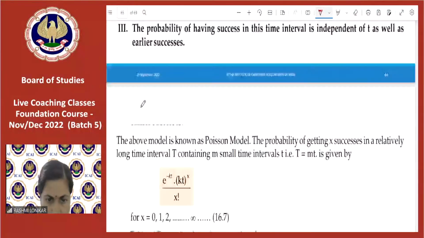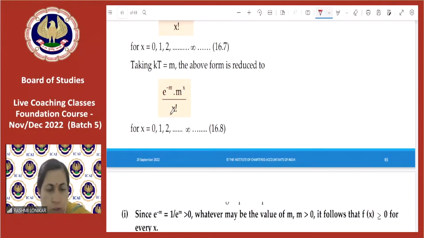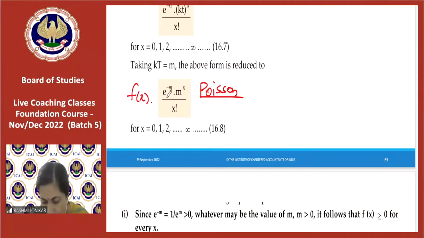See, remember yesterday's? This is your formula for Poisson. Remember, f(x) is equal to this. Now, what is given to you in 16.13 that we have taken just now?